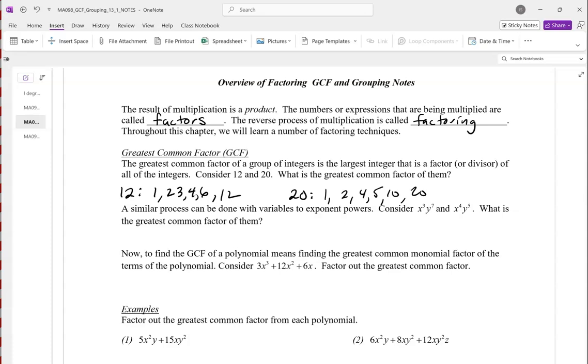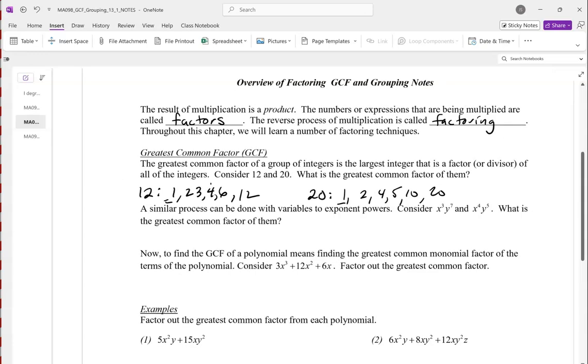All right, so what we listed out there were the factors of 12 and the factors of 20. We want to know which is the biggest. What's the biggest number they have in common? 4, right? We notice that they have 1 in common, and they have 2 in common. So those are common factors, but the biggest one that they have in common is that 4.